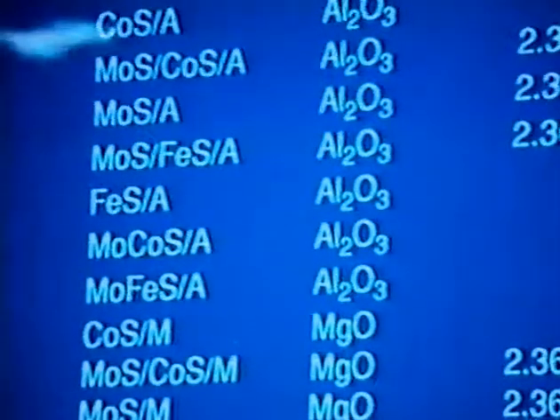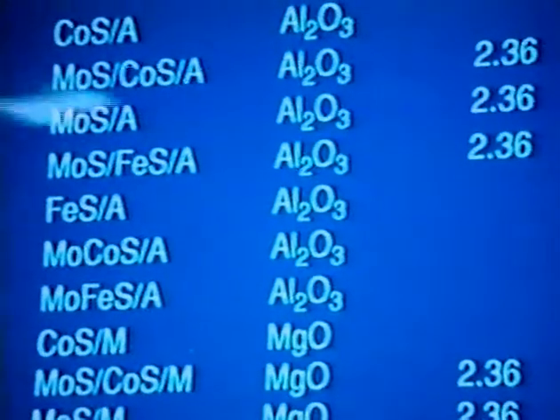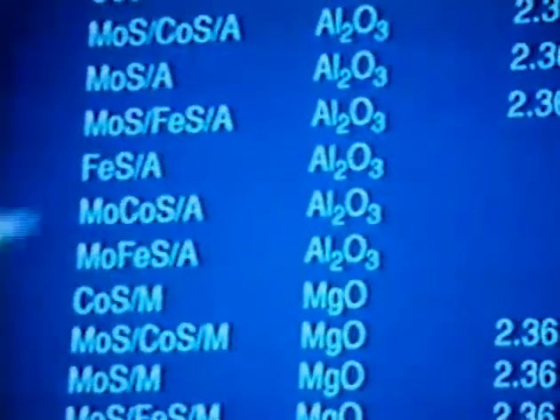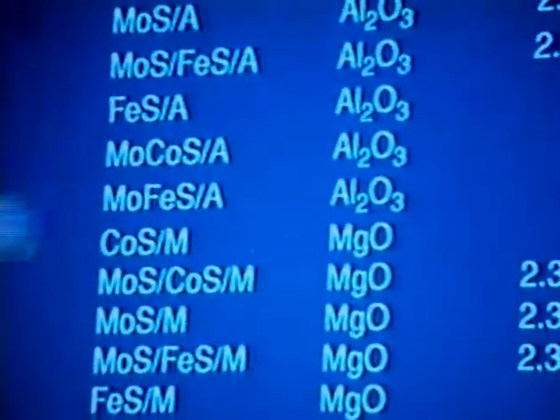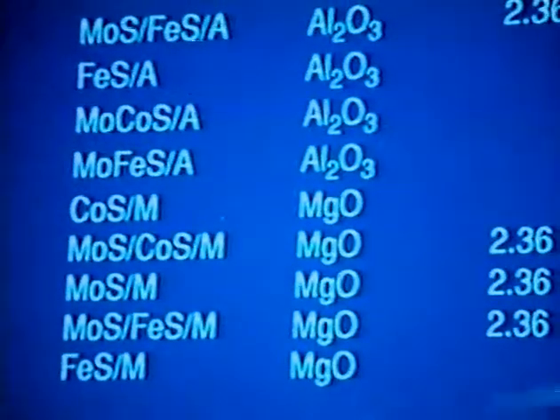We looked at monometallic catalysts, a series of bimetallic catalysts produced from monometallic sulfide clusters, and finally a series of catalysts produced from the mixed metal clusters. And again, we were working at using 1 weight % total metal loading.